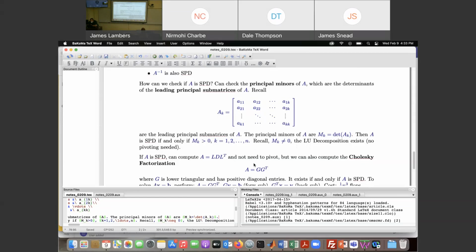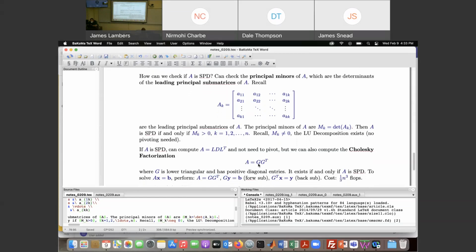Another option is called the Cholesky factorization: A is equal to G G transpose, where G is lower triangular and has positive diagonal entries. When A is symmetric positive definite, this factorization exists if and only if A is SPD.